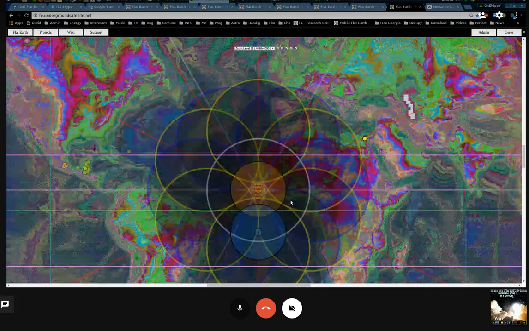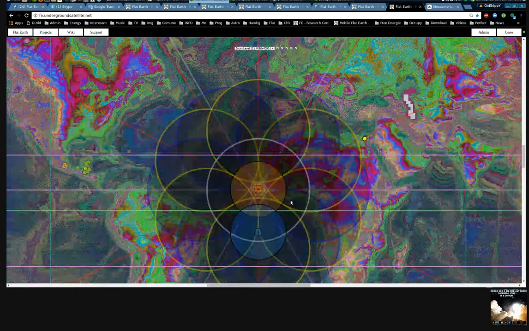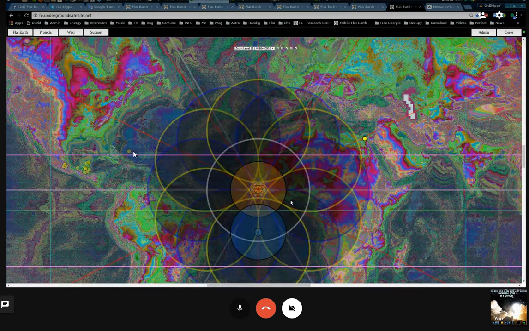Oh, very interesting. Giza is very concentrated. Mexico a little less. Of course, the ones in the sea. There at the Bermuda Triangle. Yeah.